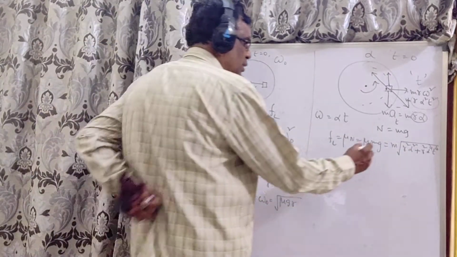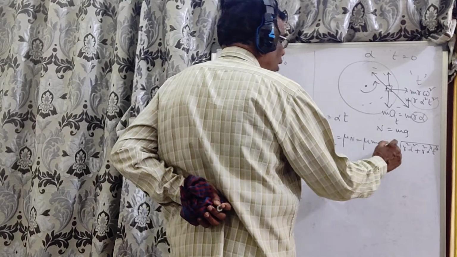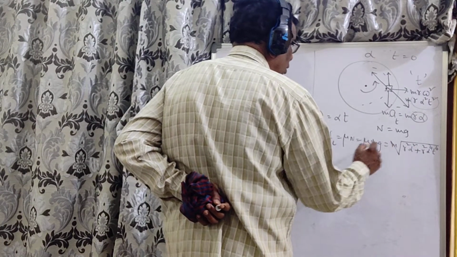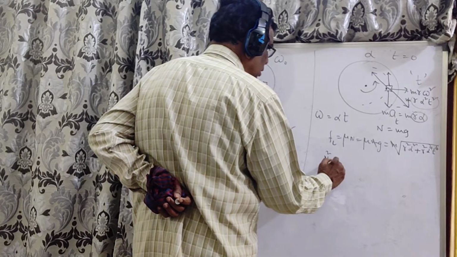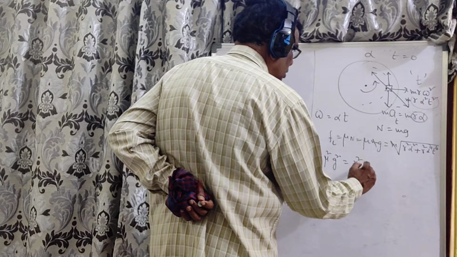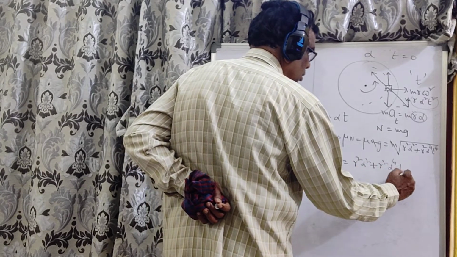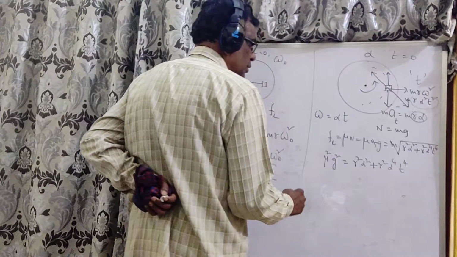So you got it like this, and strike it off. So you get mu squared g squared is r squared alpha squared plus r squared alpha to the power 4 t to the power 4. This is how it is.